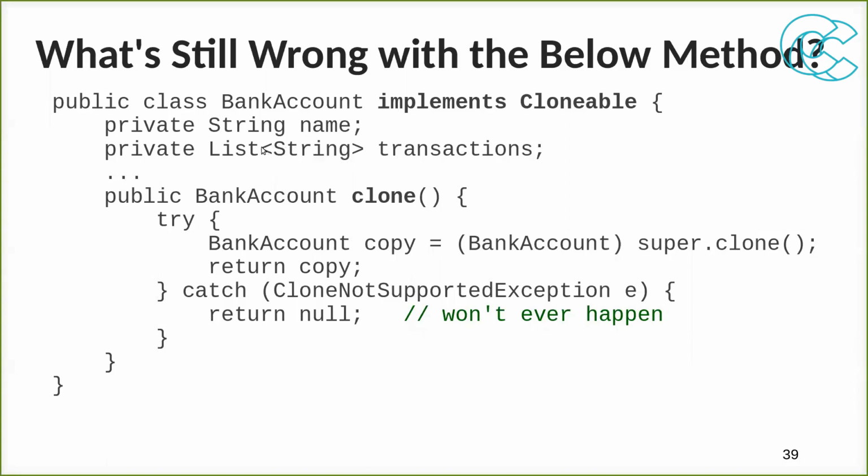We'll get to know what we mean by the angle brackets with the type inside; that's the next topic, called generic programming, which we'll discuss in the next class or later in this class. But just assume that this is a list of strings.